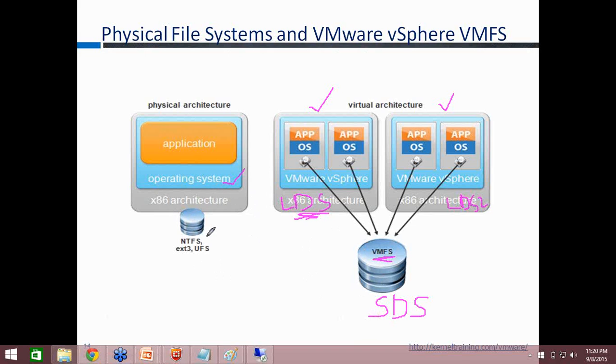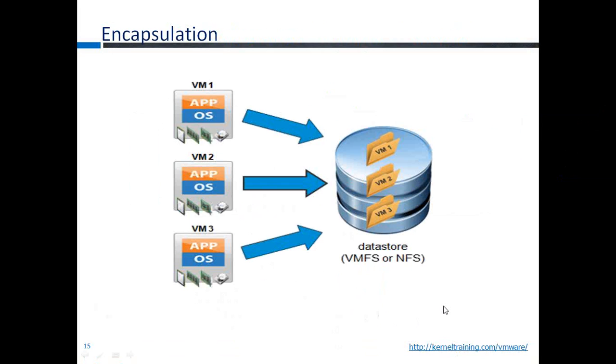If you are using Windows, probably you are using NTFS. If you are using Linux, probably ext3, something like that. So as I told, a virtual machine is nothing but a set of files. Those files are stored in a folder, and that folder is stored in a data store, which is formatted with VMFS.